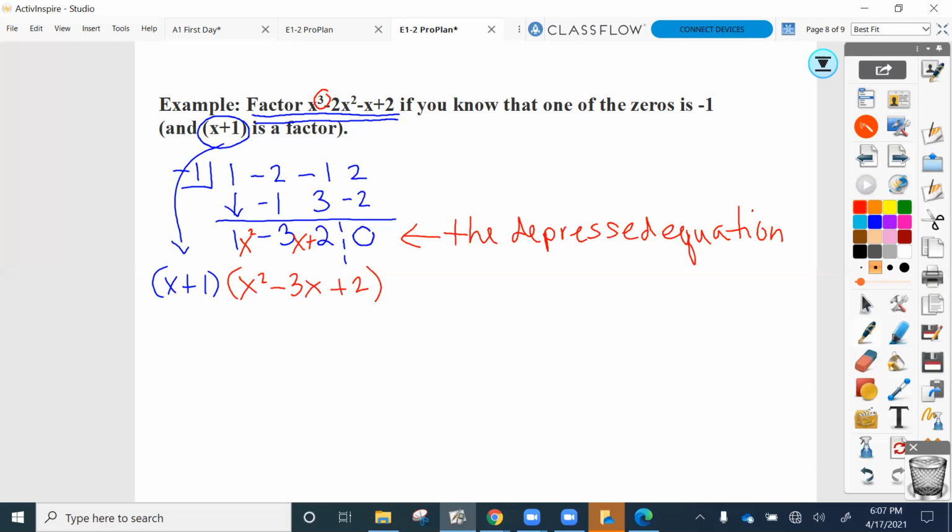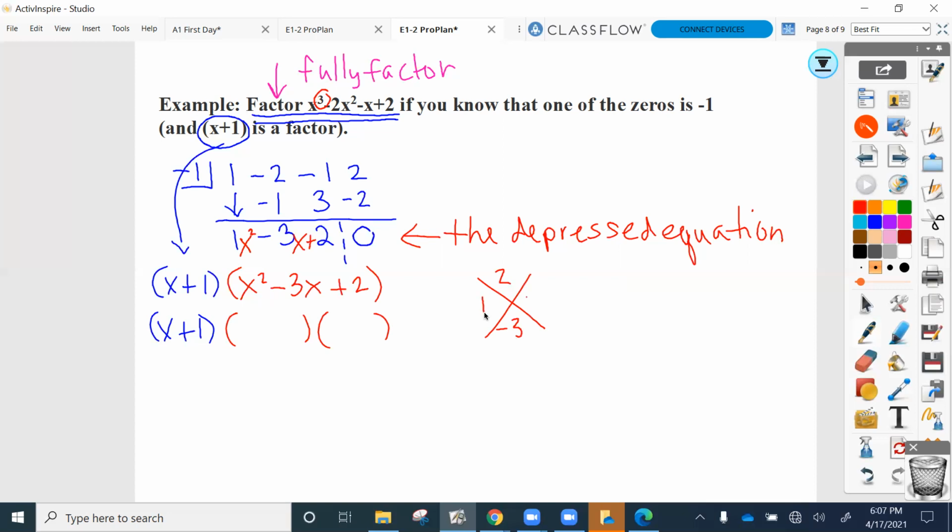But notice that what they're saying is they want you to factor it. So in order to fully factor it, all things must be factored, and that trinomial can be factored further. So we'll bring down the x plus 1, and then we can factor this by using the diamond method. So 2 goes on the top, -3 goes on the bottom. We're looking for factors of 2 that add up to -3.